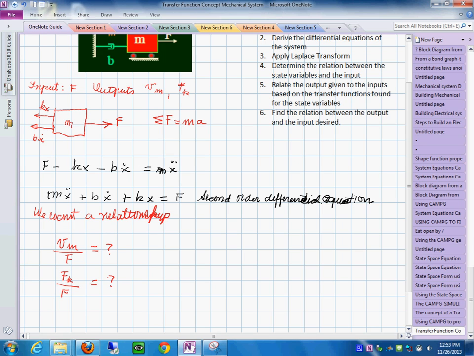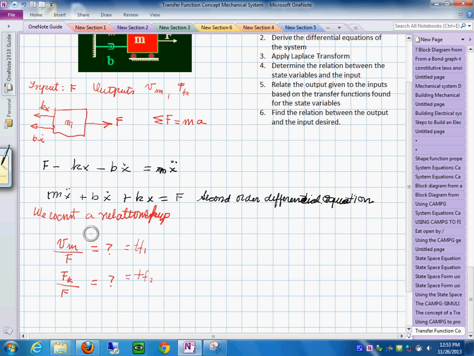So we have derived the system equation right here, and then we need to apply the Laplace transform. This one in here, I'm going to call transfer function 1, and this is going to be called transfer function 2.